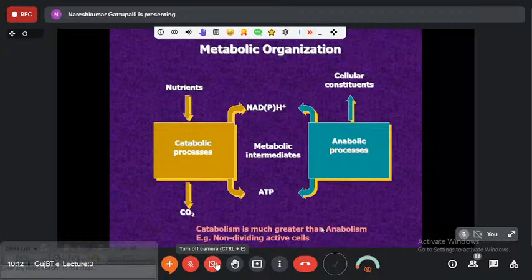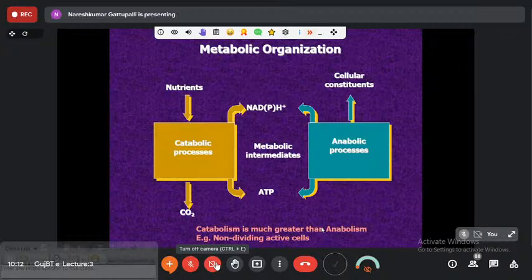It also produces some of the components which are required to make life itself. These are what we call the anabolic process. So all these anabolic processes are making the cellular constituents, whereas catabolic processes are producing energy.